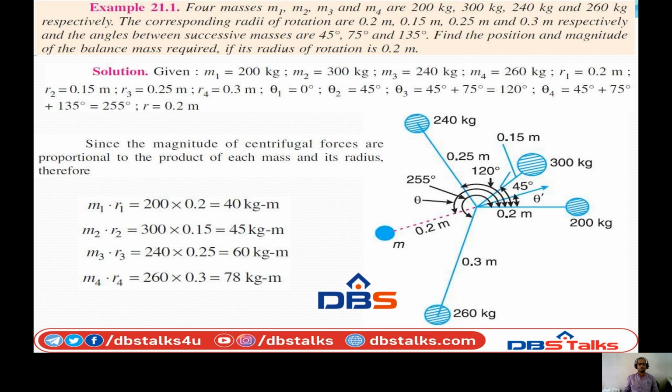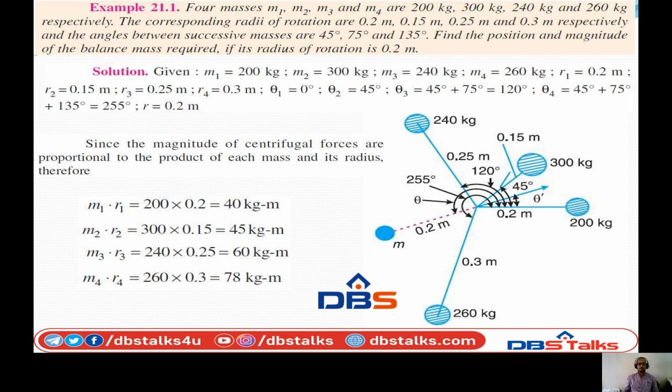So the centrifugal force for the first ball is M1 R1 equal to mass 200 into R, which is 0.2 meter. So finally we get the centrifugal forces for all four balls as 40 kg meter, 45 kg meter, 60 kg meter and 75 kg meter.